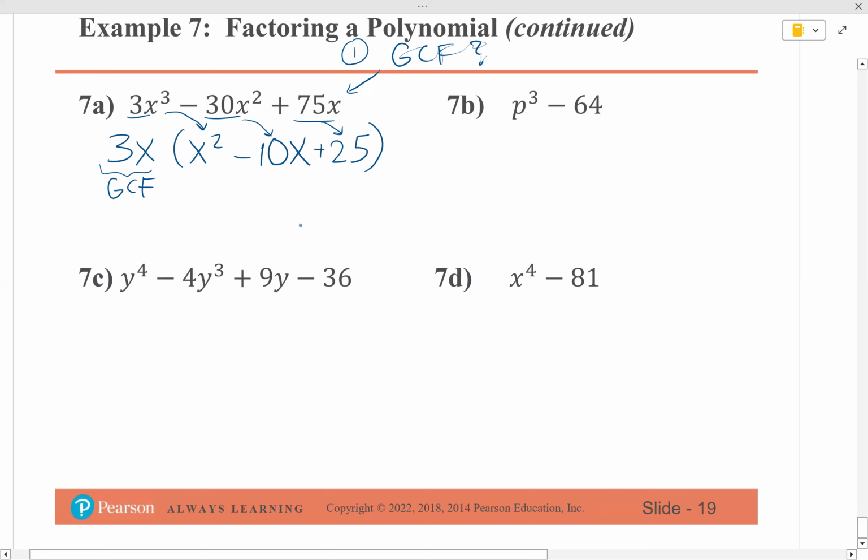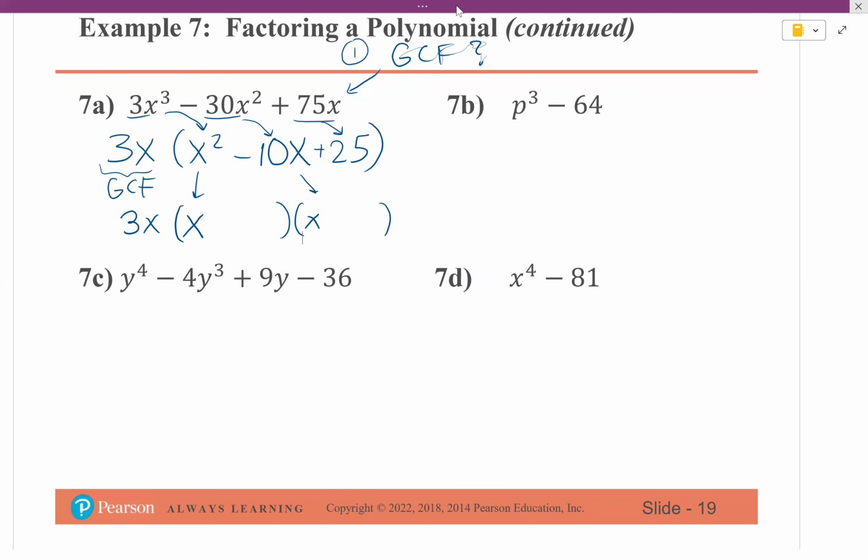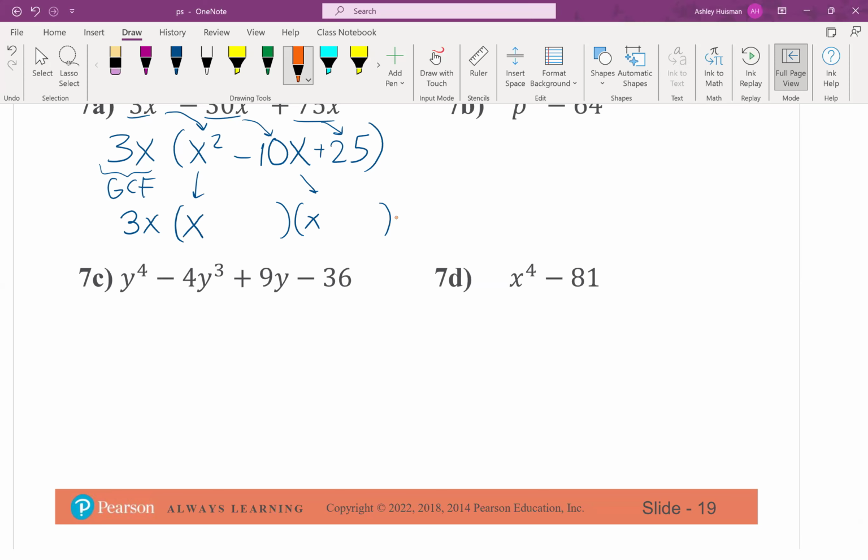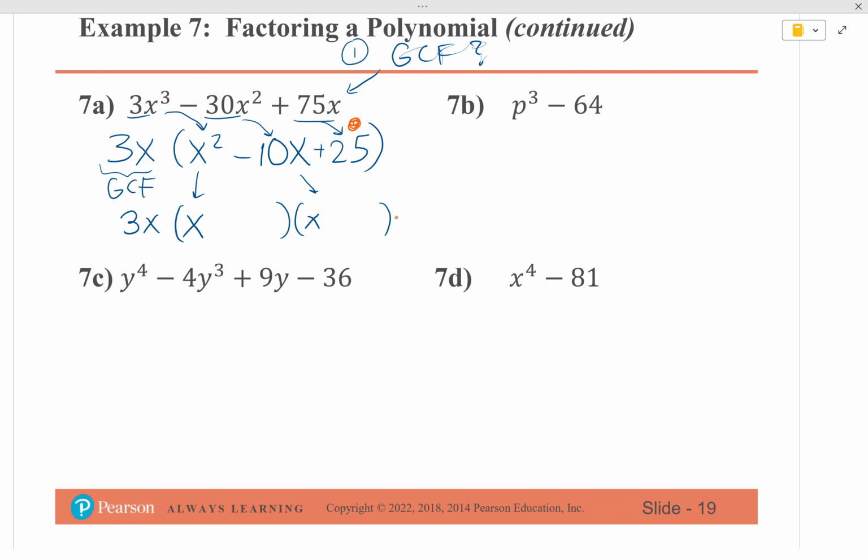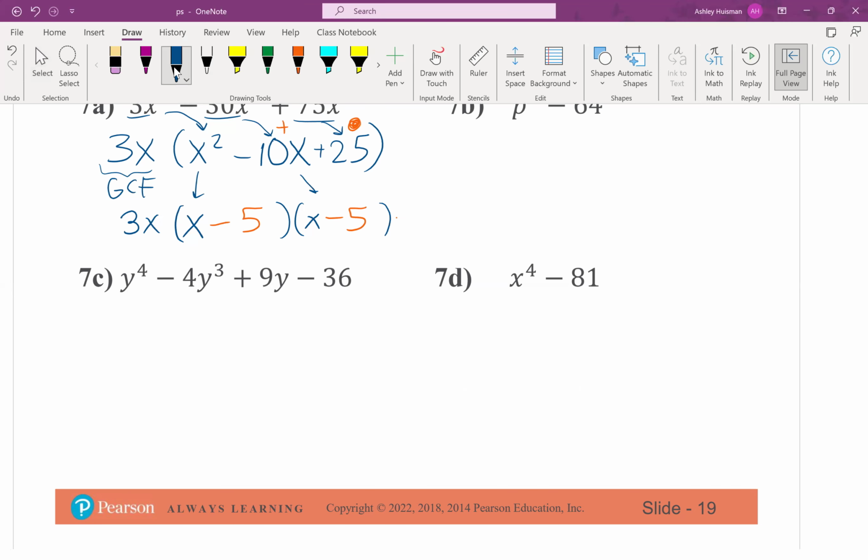I can do another factoring technique on this, because although the 3x in the front can't really be worked on, this is a trinomial with leading coefficient 1, so it should be that easy factoring technique. I just put an x and an x, and then I say, what 2 numbers multiply to make 25, but add up to negative 10? I think that would be negative 5 and negative 5, right? Negative 5 times negative 5 is positive 25, check, check. And they add up to negative 10, that's it.